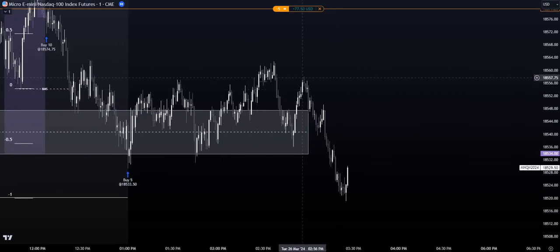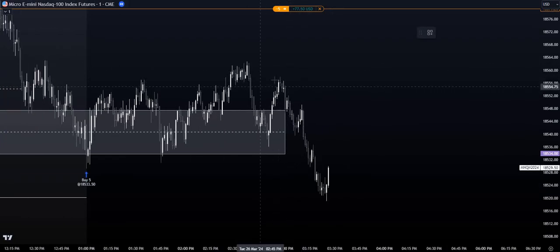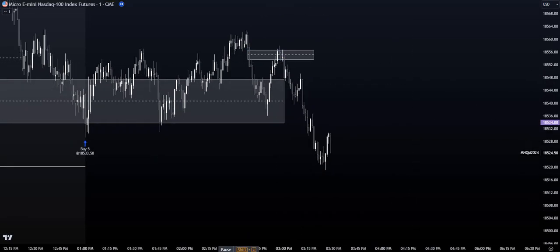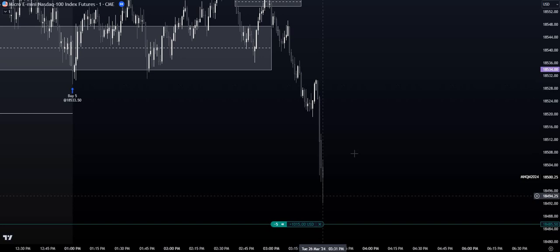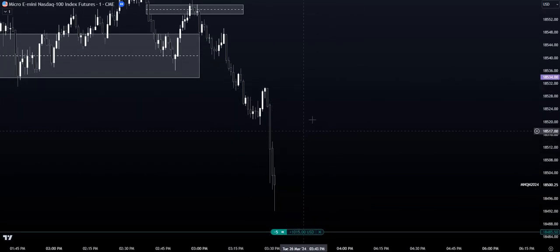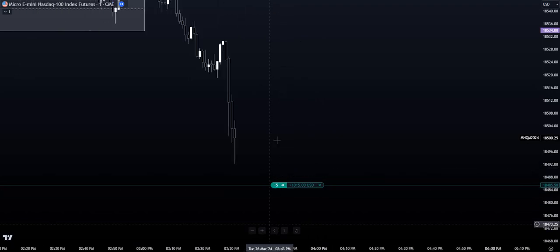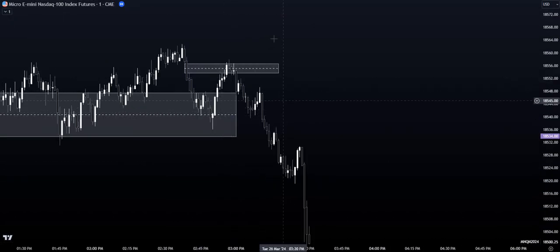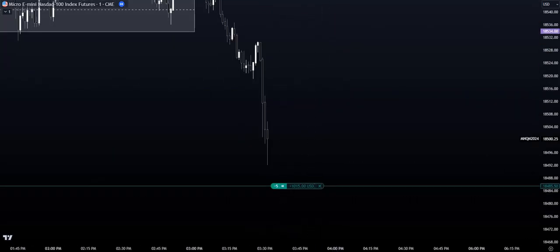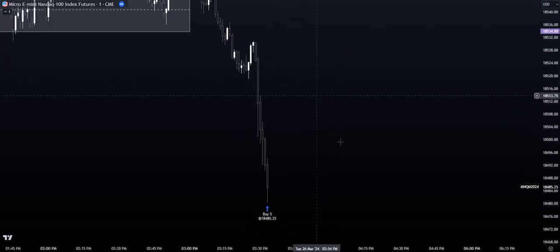And it totally just ignores it because it filled this fair value gap here. See that displacement there? That's low resistance. That's low resistance liquidity. And if it hits our TP, we are out. And we're going to put our stop loss to our most recent swing high here. And we are out here.